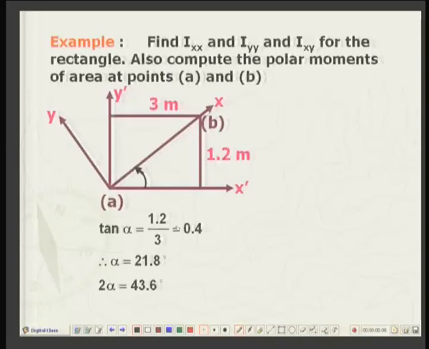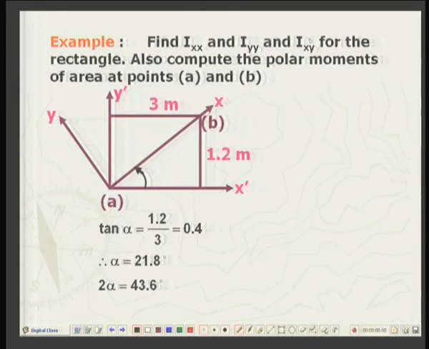Now, I think we can all grasp these concepts better by taking up an example. The example is: find Ixx, Iyy and Ixy for the rectangle. This rectangular plate is given, and we have been asked to find Ixx, Iyy and Ixy.